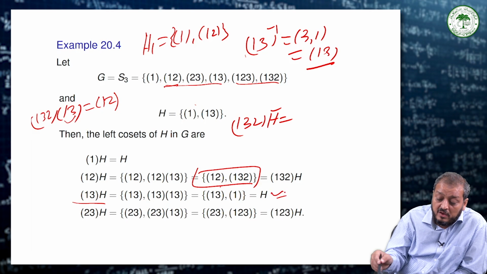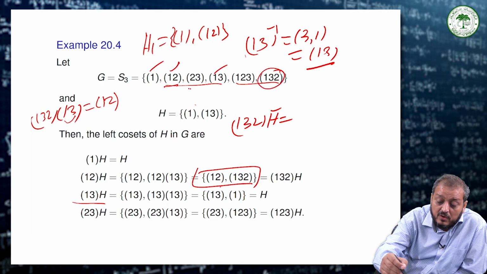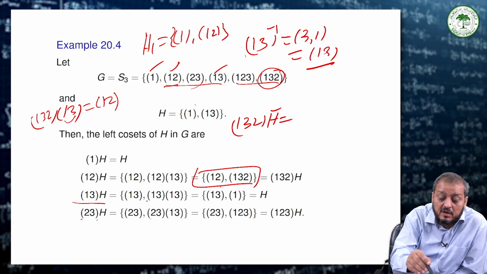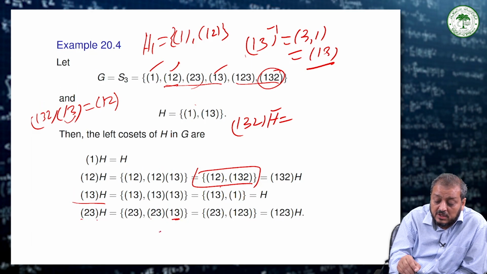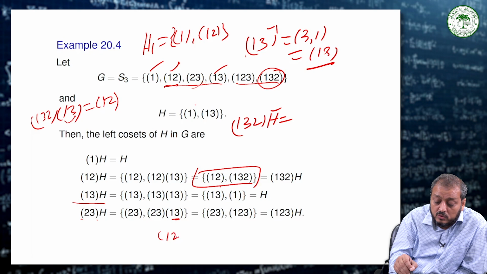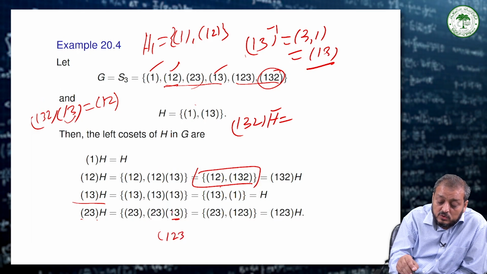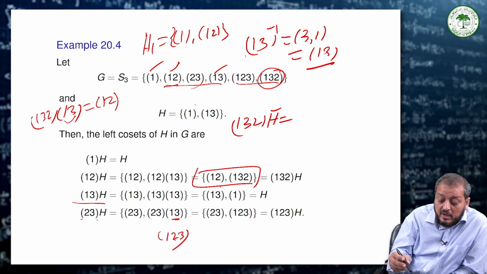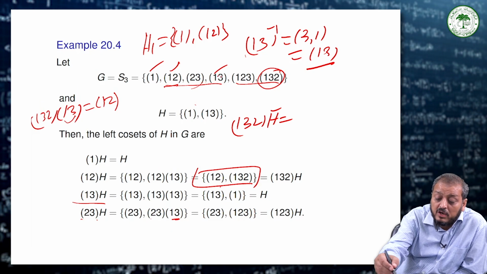And if we calculate (1 2)(1 3), now we have (2 3). (2 3)h is equal to (2 3), and then (2 3) into (1 3). So 1 goes to 3, 3 goes to 2, and then 2 goes to 2, 2 goes to 3, then 3 goes to 1, 1 goes to 1, and then (1 2 3). And now we have to check this form, and now we calculate the (1 2 3).